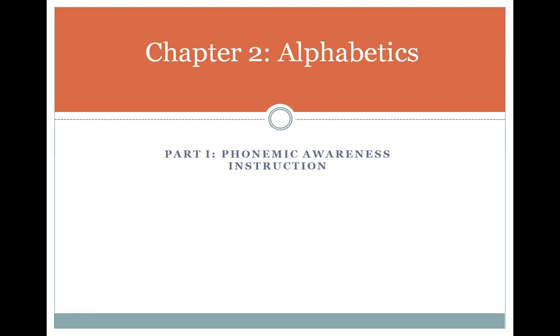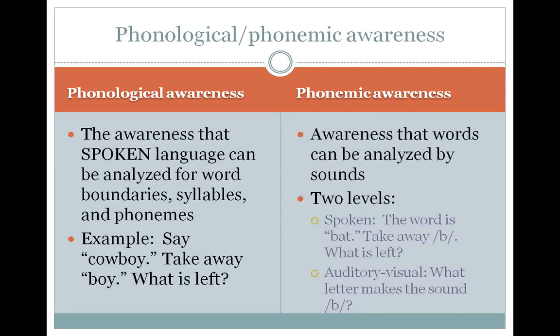Phonological and phonemic awareness are two terms that are very often used, extremely often used, and not always used real correctly. Phonological awareness is the term for the umbrella awareness that spoken language can be analyzed for word boundaries, syllables, and phonemes.